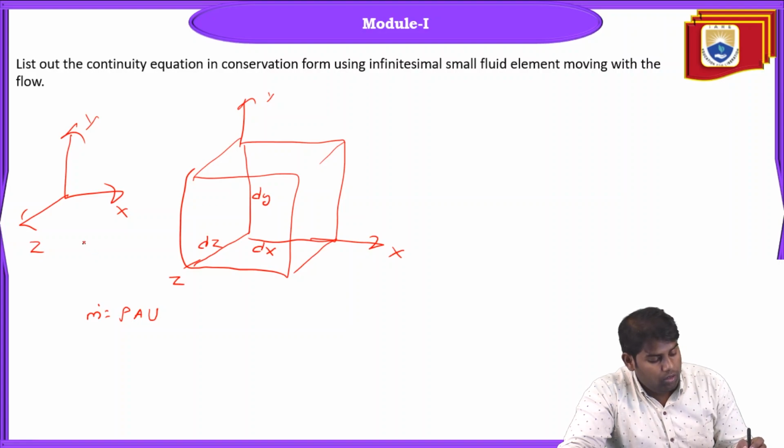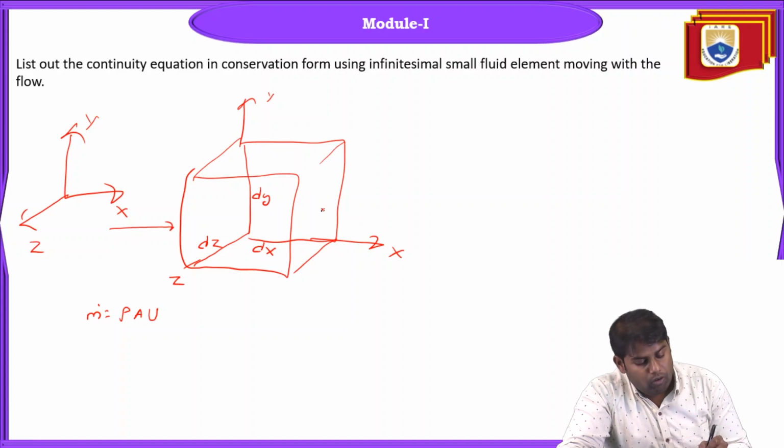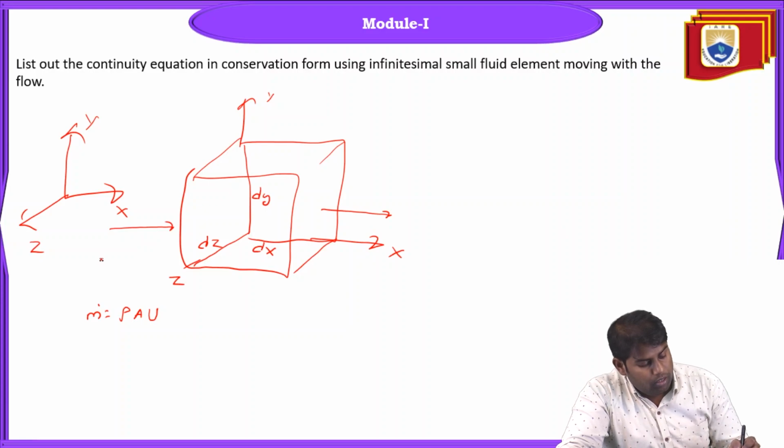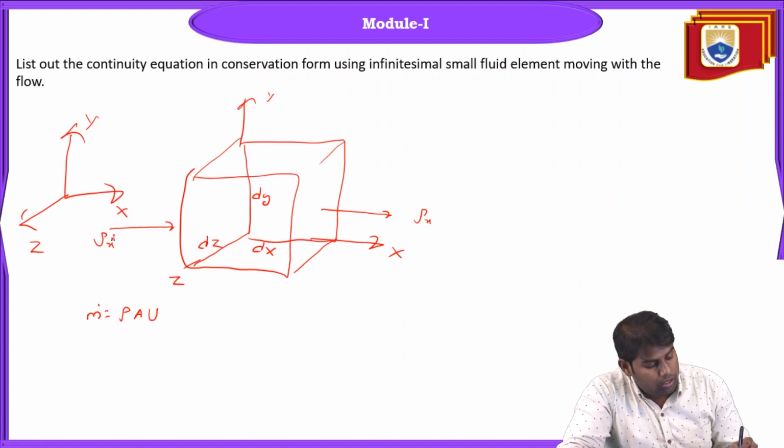Okay, so basically whatever fluid is entering and whatever fluid is leaving, let's say it is rho along x, so it will be rho of u into A. A will be the area of the element, which is dz into dy.